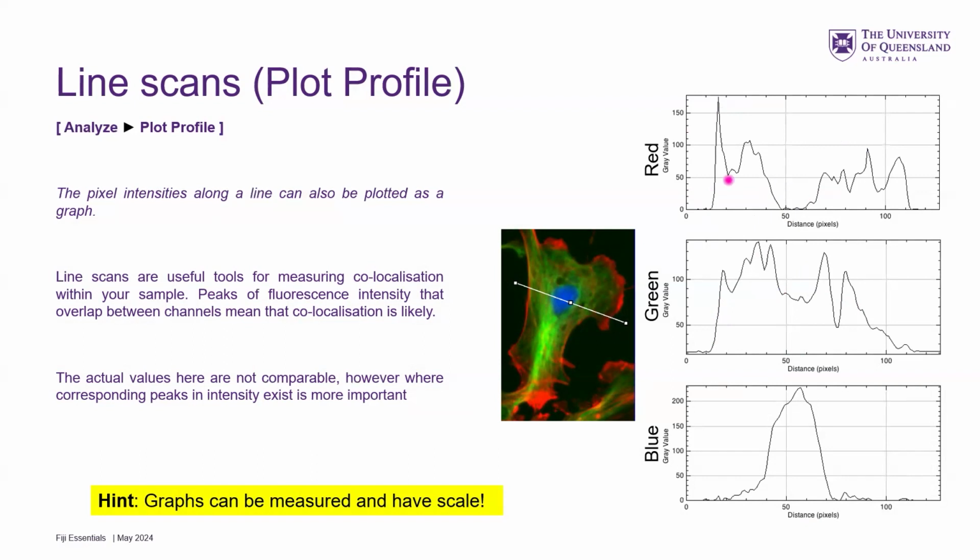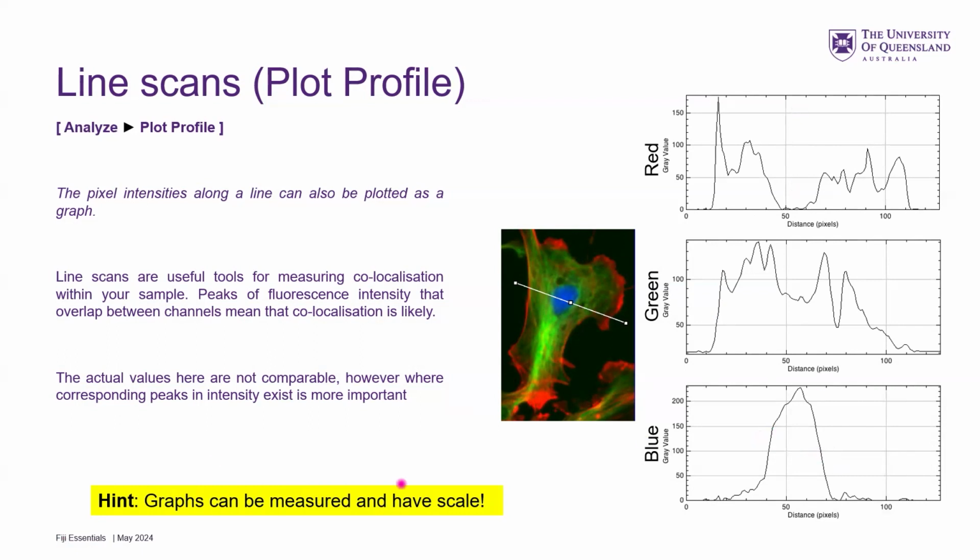That's kind of obvious from here. But this is a useful tool to show things like colocalization. One important thing is the actual gray values here don't matter, because if I just cranked up the blue laser, of course, the blue is going to be higher. It's more about the positional information. So this is kind of in the middle, and there's where there's no red, there's where the blue is.